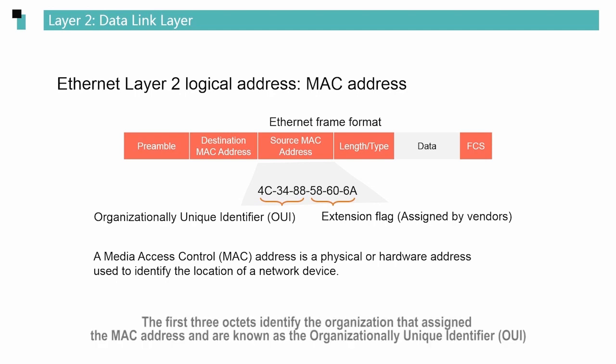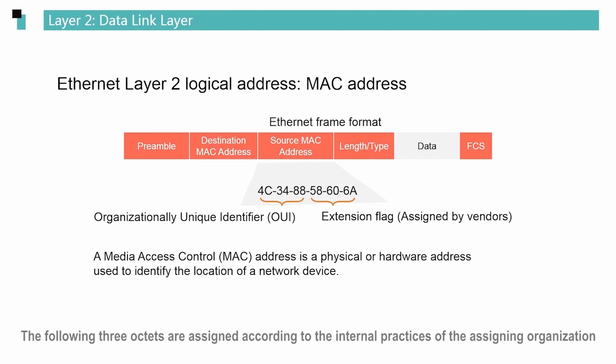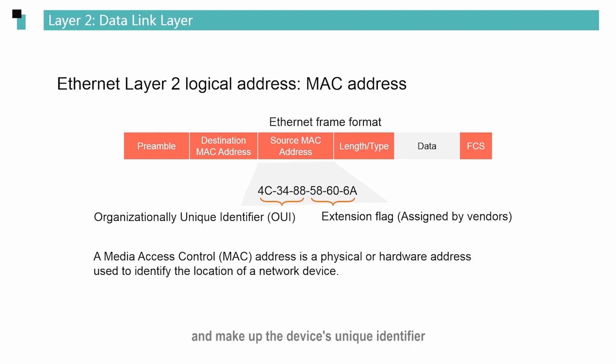The first 3 octets identify the organization that assigned the MAC address and are known as the Organizational Unique Identifier, OUI. The following 3 octets are assigned according to the internal practices of the assigning organization and make up the device's unique identifier, known as an extension flag.